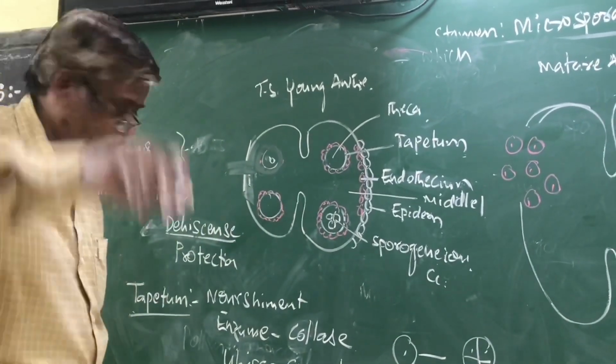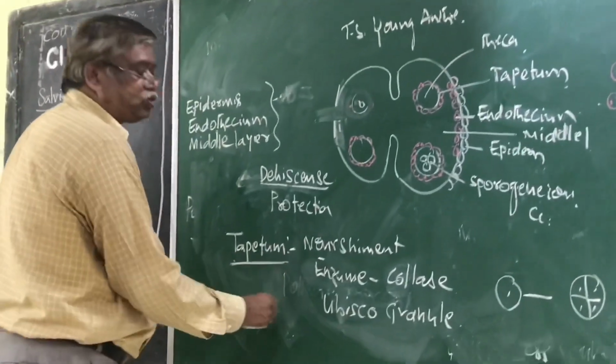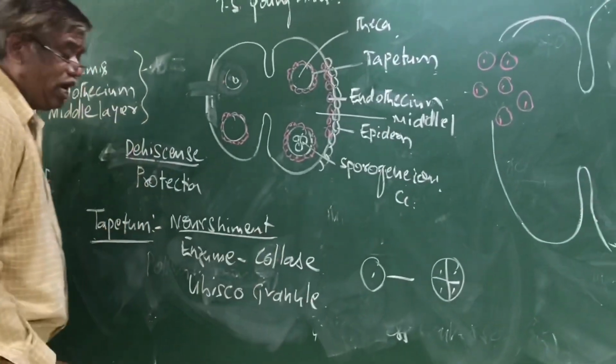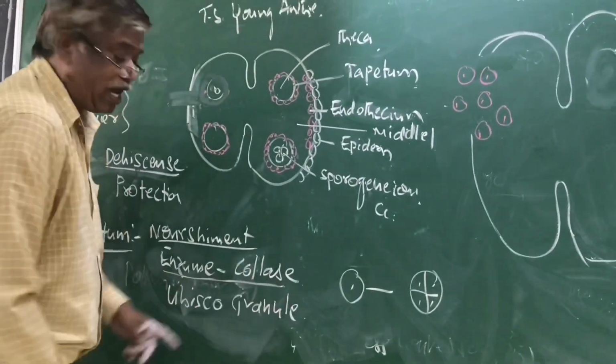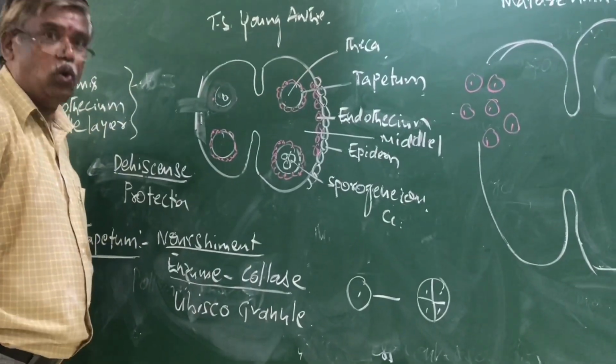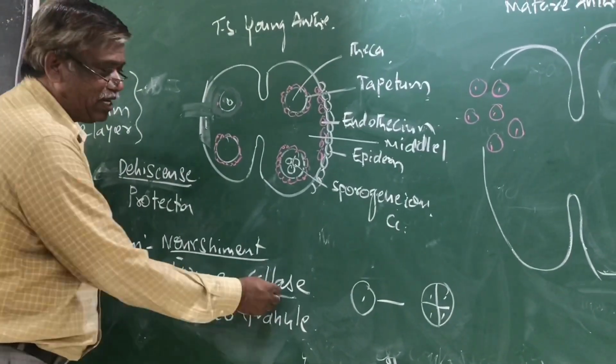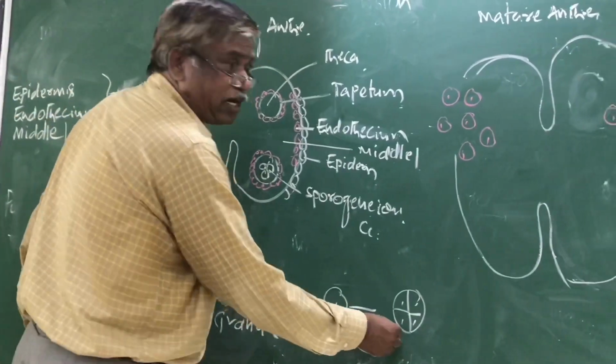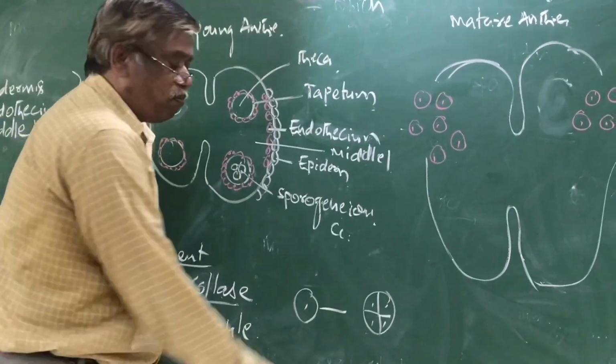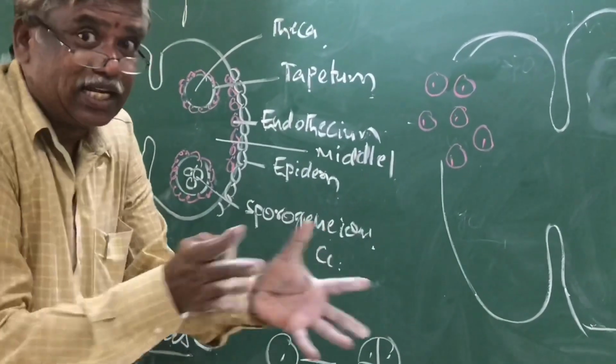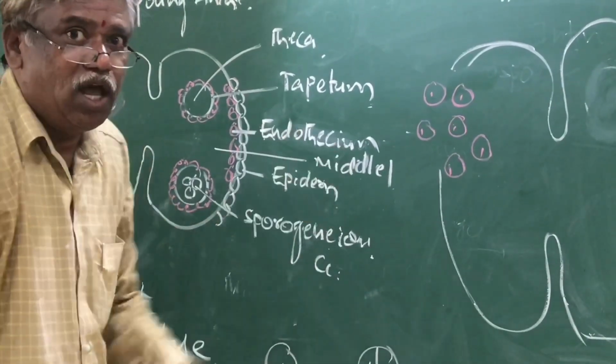In addition to nourishment, the tapetum also produces the enzyme callase. Now what is this tetrad? Name the tetrad. Microspores cluster together as a tetrad.